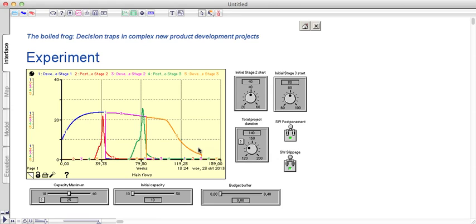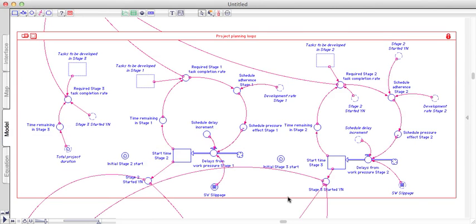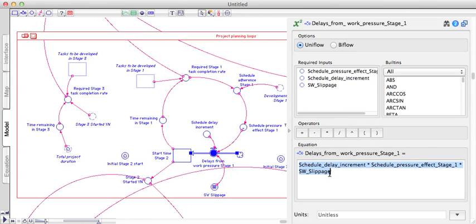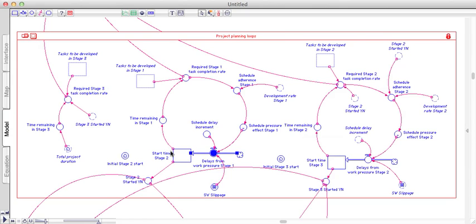If you do get slippage, the schedule gets delayed. If you turn this off, the schedule is not delayed. So that's what these switches do. Basically, here you see again, you multiply by switch slippage. If switch slippage becomes 0, then you do not get any delays from the original timing. Okay, that's the main story about the project planning loops.